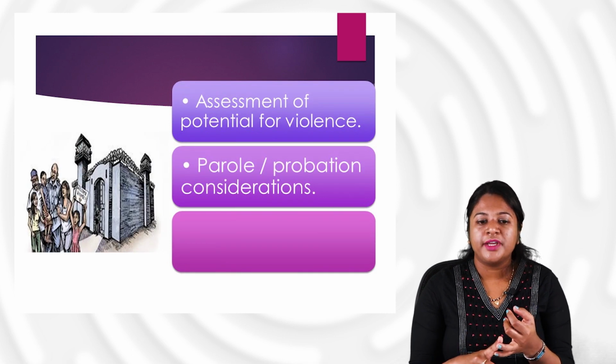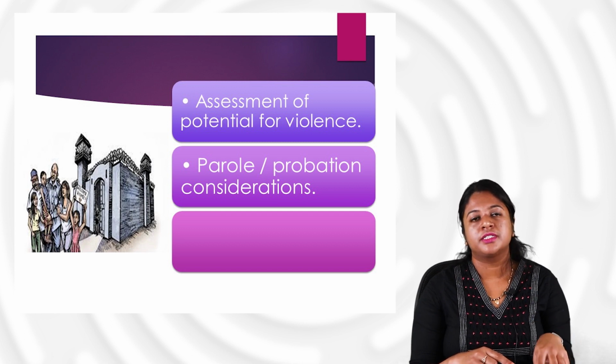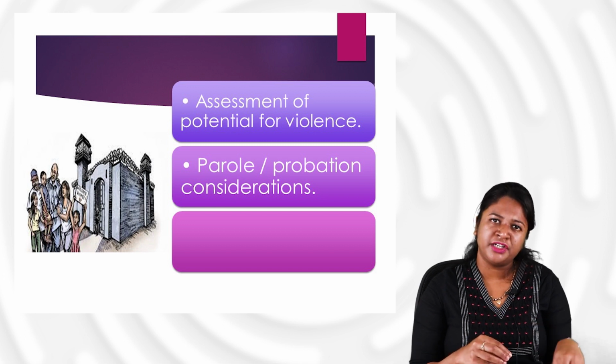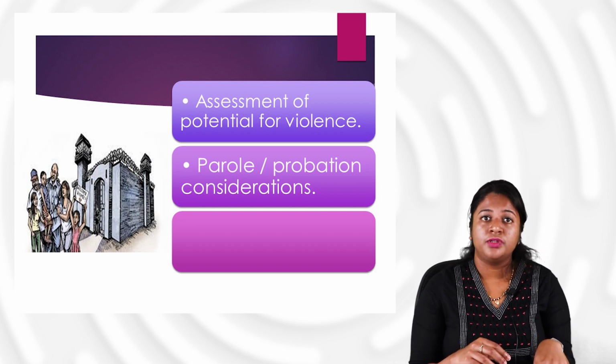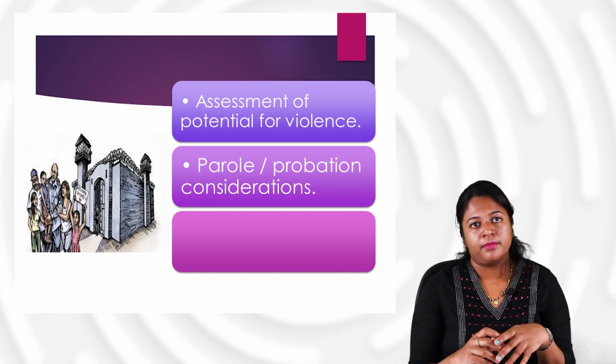Then parole and probation considerations. When you are there as a forensic nurse, you have to see to it that the parole procedure is taken care of. It is nothing but the leave that you give to the patient to go to their home for some function or some rituals.